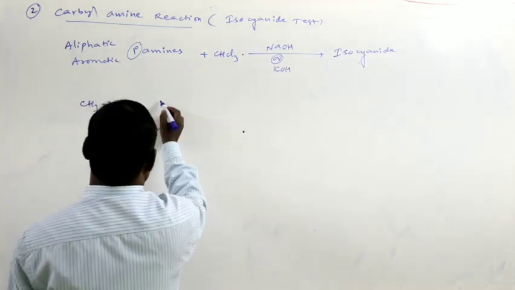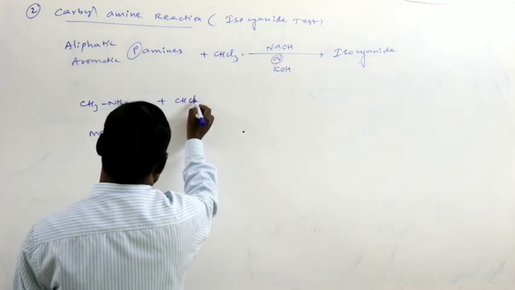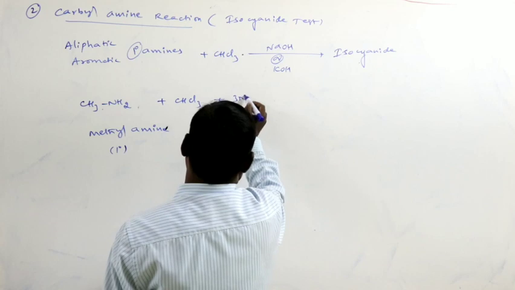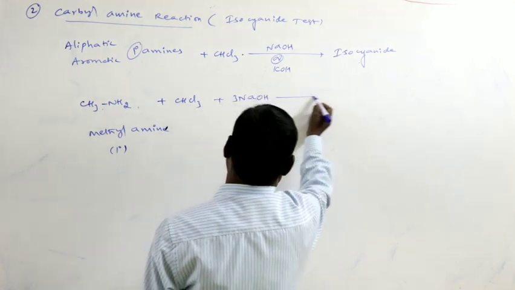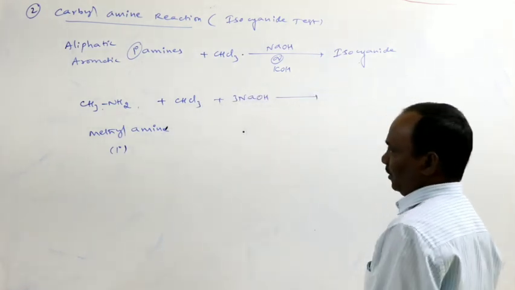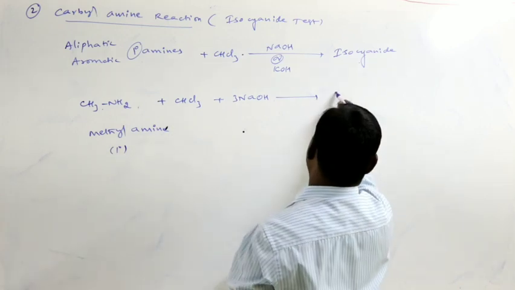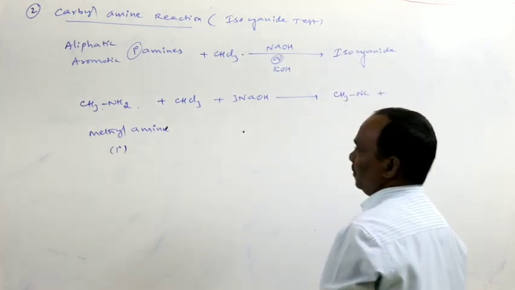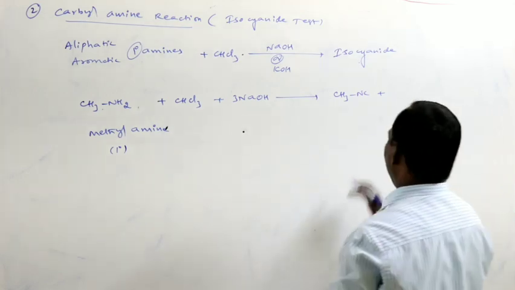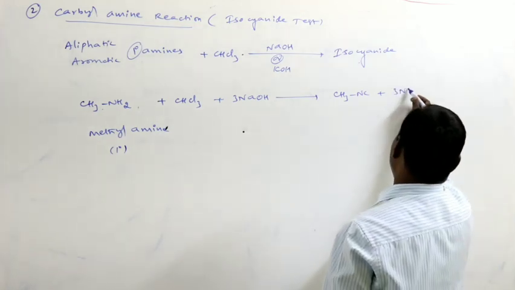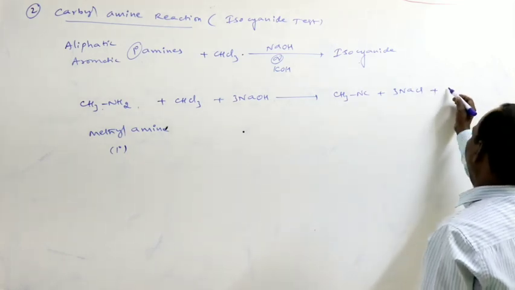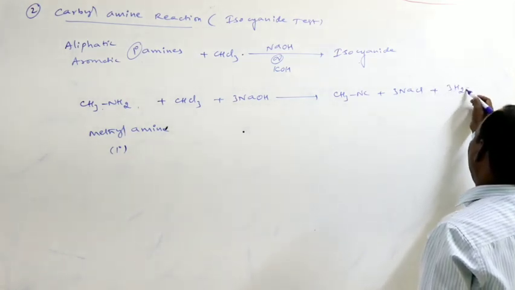Now this methylamine reacts with chloroform in the presence of a base like NaOH, 3 moles of NaOH. This methylamine is converted into methyl isocyanide, CH3NC, and the byproducts are 3 moles of sodium chloride and 3 moles of water.